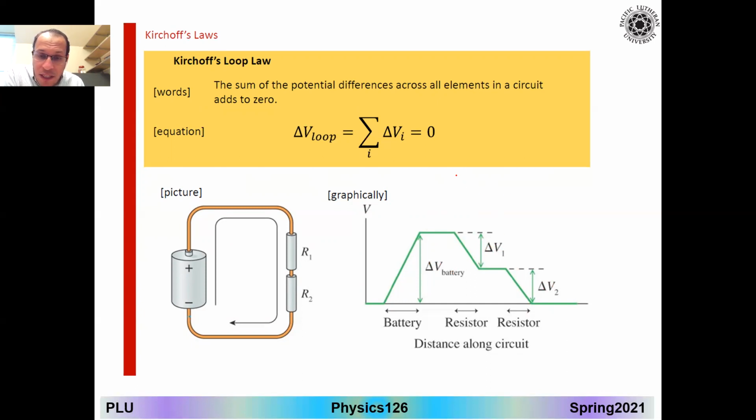You can say delta V battery minus delta V1 minus delta V2 equals 0.